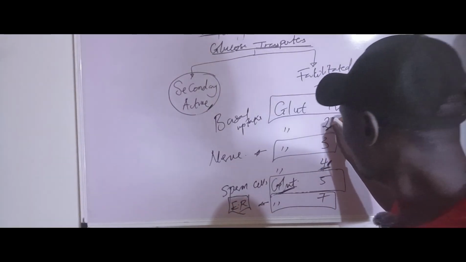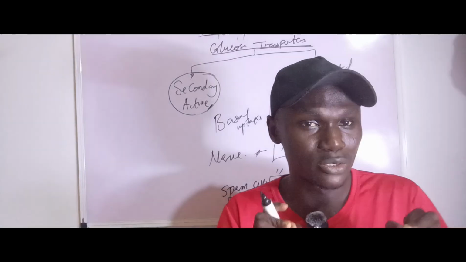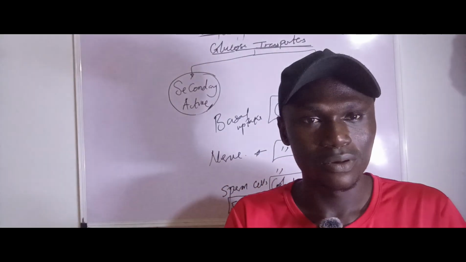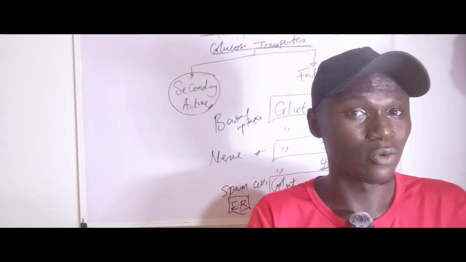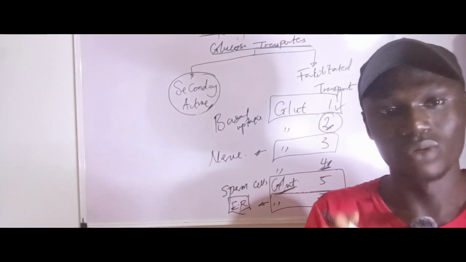Now let's start with GLUT2. GLUT2 is found in any tissue that can do gluconeogenesis. Now you want to ask me, what are those tissues? When we get to gluconeogenesis, you will get to know them.